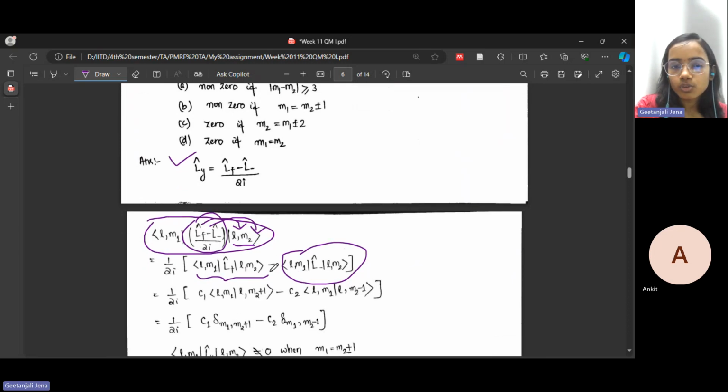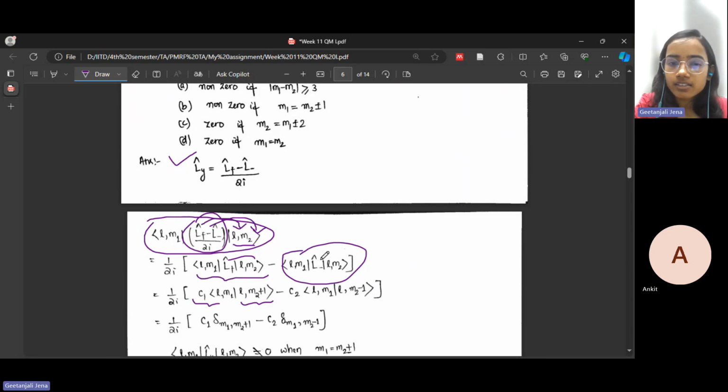If you don't know the coefficient, when L plus acts on M2 it raises the value of M by 1. So let us fix the normalized coefficient as C1. When L plus acts on L M2, it gives C1 and the ket changes to L M2 plus 1.